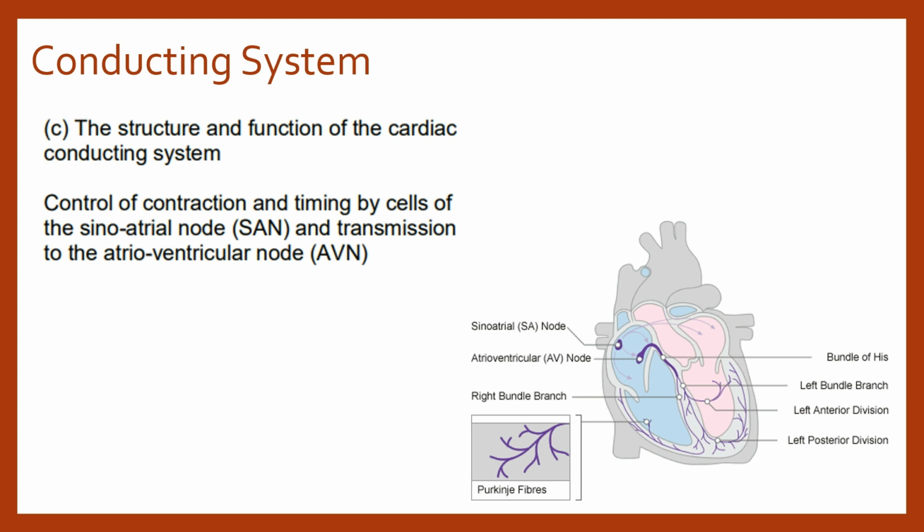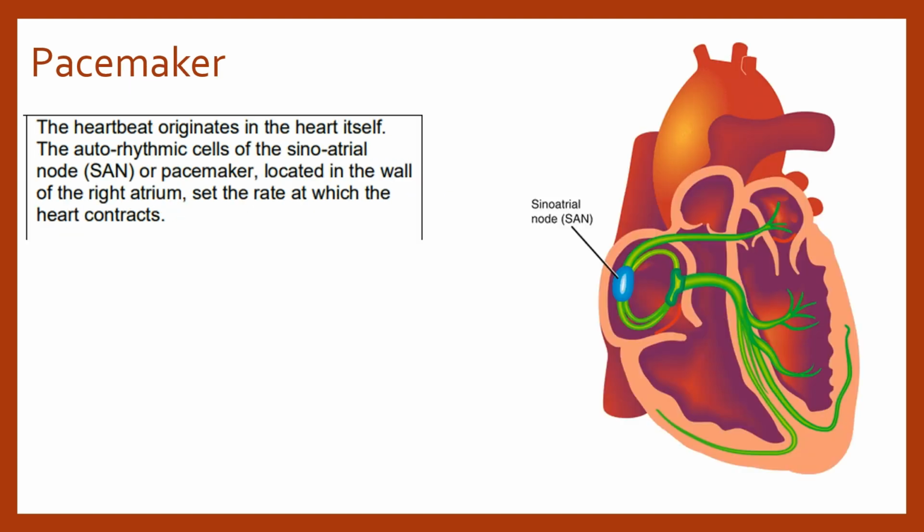So we're going to look at the frequency and the control of the cardiac cycle by the electrical activity originating from different structures within the heart itself. Your heartbeat, the electrical activity of your heart, originates from the heart itself because of these autorhythmic cells that make up the sinoatrial node, otherwise known as the SAN or the pacemaker.